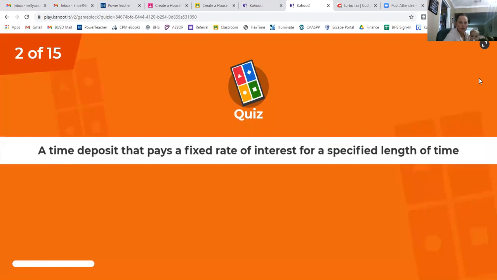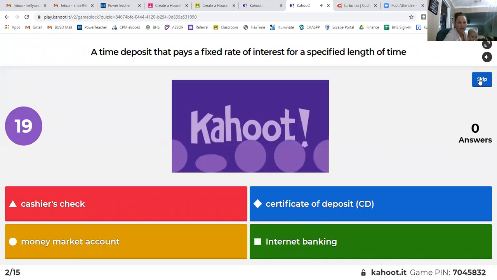Number 2, a time deposit that pays a fixed rate of interest for a specified length of time. Is that a cashier's check, a certificate of deposit, a money market account, or internet banking?